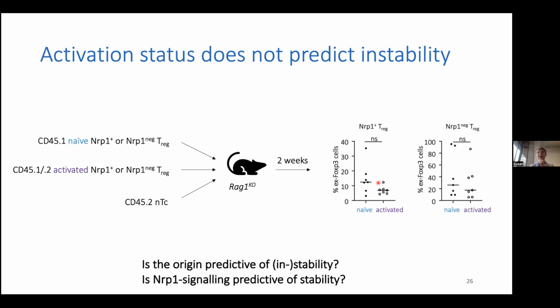If we further dissect that by adding neuropilin-1 positivity versus negativity to the activation status, even then there is not much of a difference in being able to predict the stability or instability of Treg.